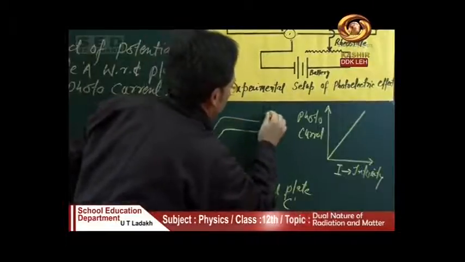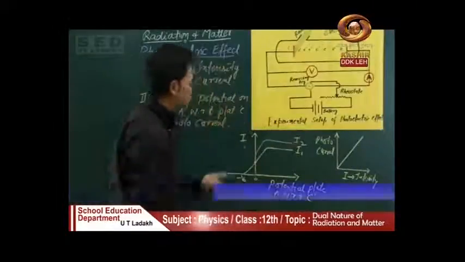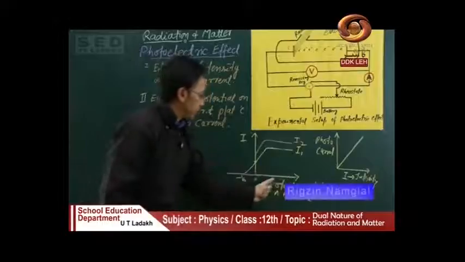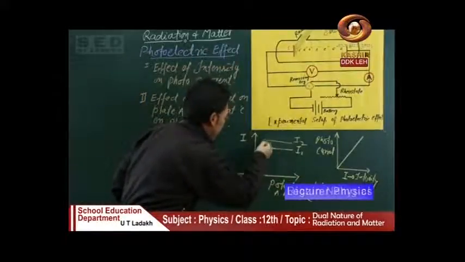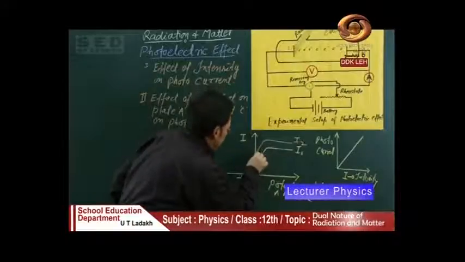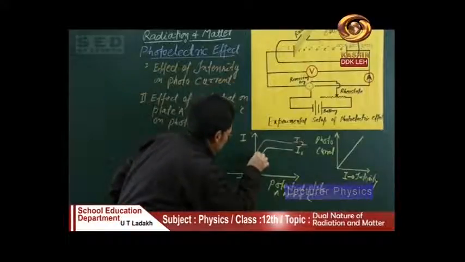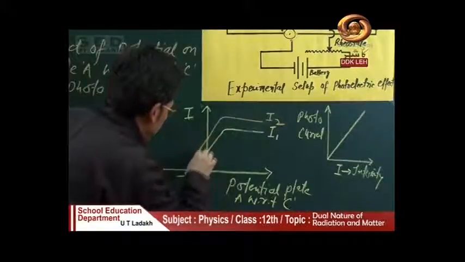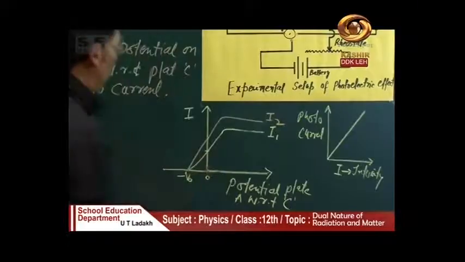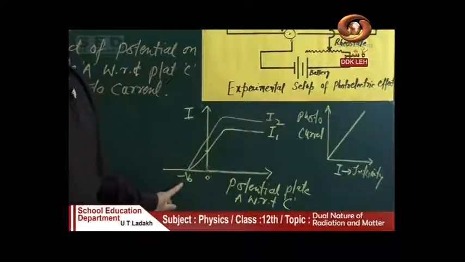This is for intensity I2. Similarly, if we decrease the potential of plate A, the current will decrease like this, and if we decrease it further, the current reduces and becomes 0 at this stopping potential V0.